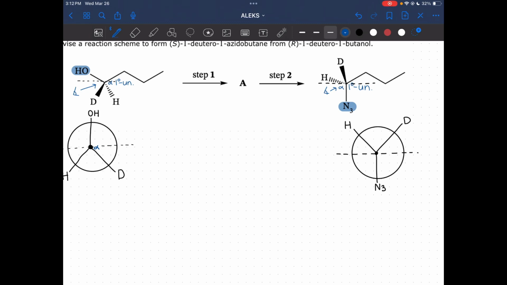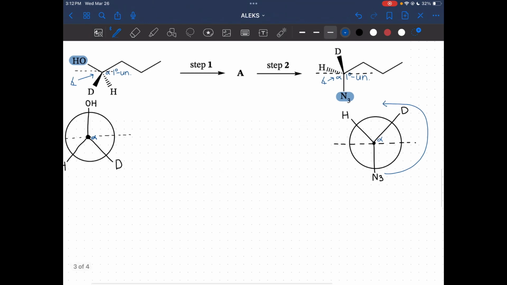So now I want to get this so that the N3 right here is also pointing up, like my OH on the left. It looks like it's just going to be a 180-degree turn to get it from pointing down to directly across, pointing up. So if I do that, I'll redraw what I end up getting.